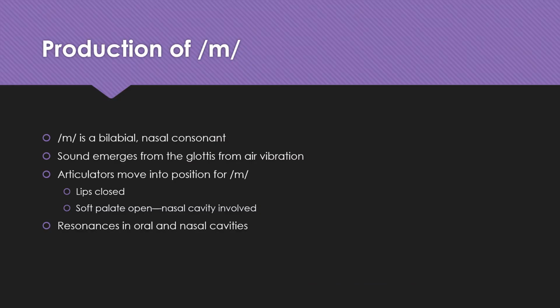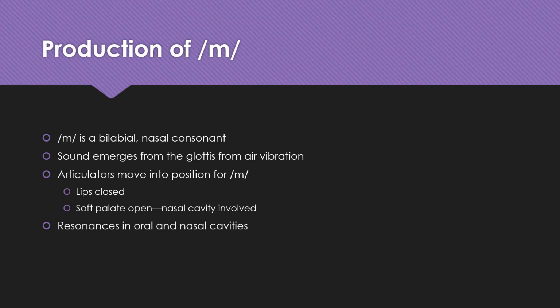So now we can look at the source filter theory when producing a consonant. In this case, the production of the sound m is a bilabial nasal consonant. So again, there would be a sound emerging from the glottis from air vibration, and this would be represented with a source function graph.